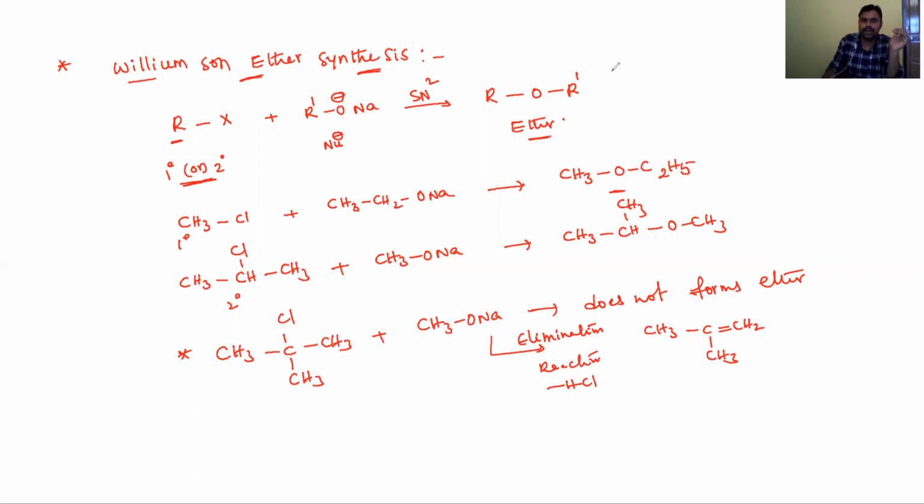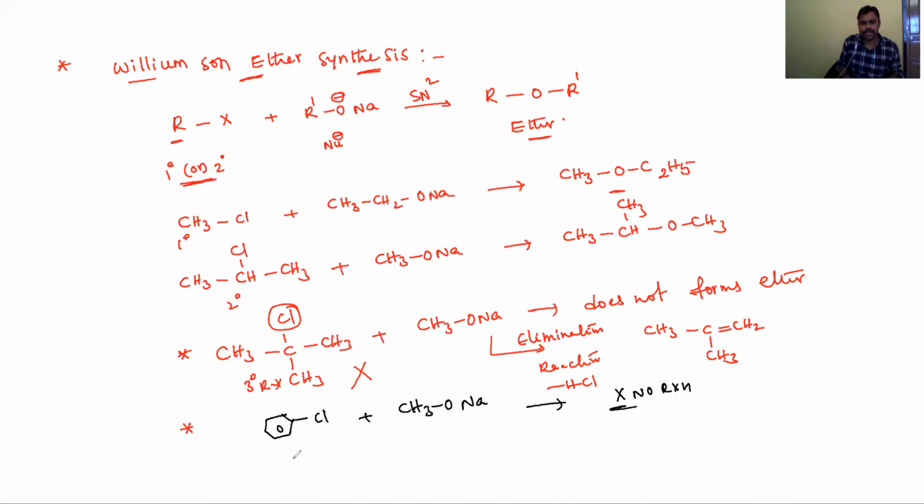Okay, students, now listen carefully. One more exception. For example, tertiary alkyl halides give no reaction. In the same way, if you use an aryl halide, meaning a benzene ring containing chlorine, and react it with CH3ONa, then no reaction.